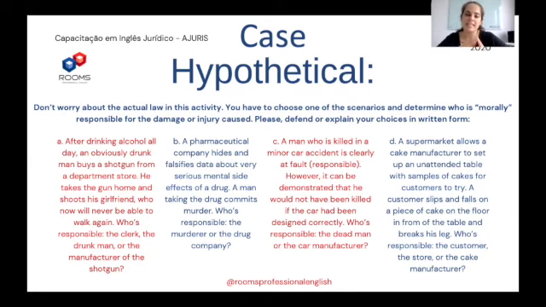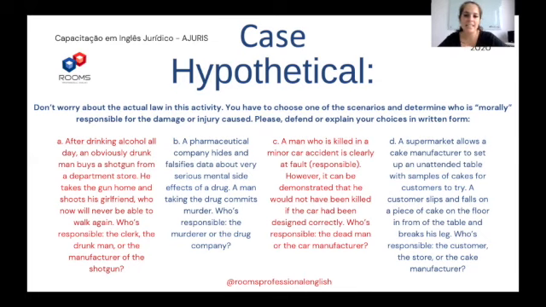Case B says that a pharmaceutical company hides and falsifies data about very serious mental side effects of a drug. A man taking the drug commits murder. Who is more morally responsible here, the murderer or the drug company, and why?